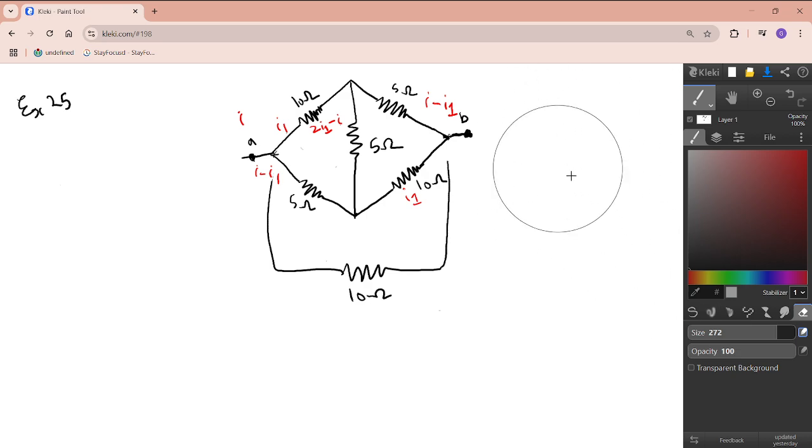Now let's join it. Of course, the current will go differently. Let's just delete this thing.